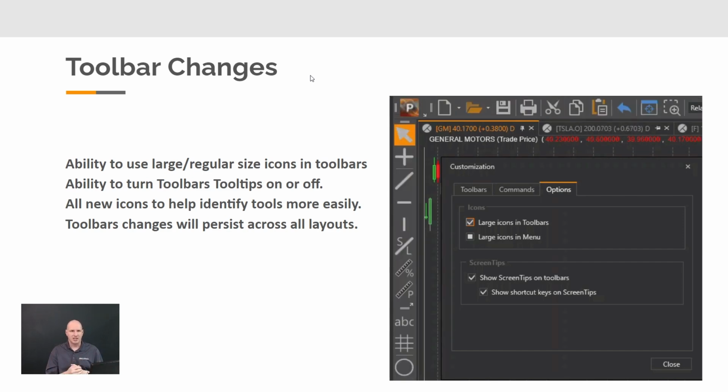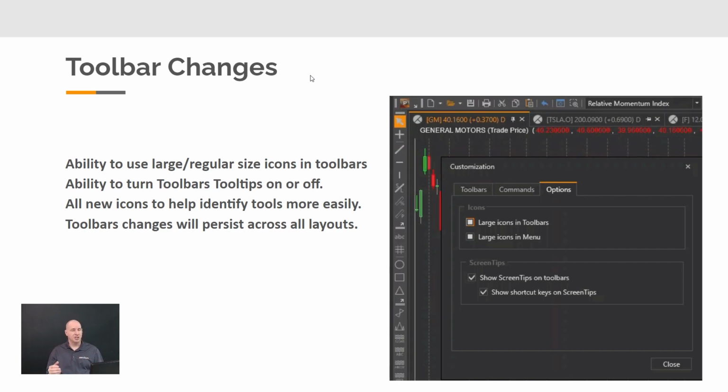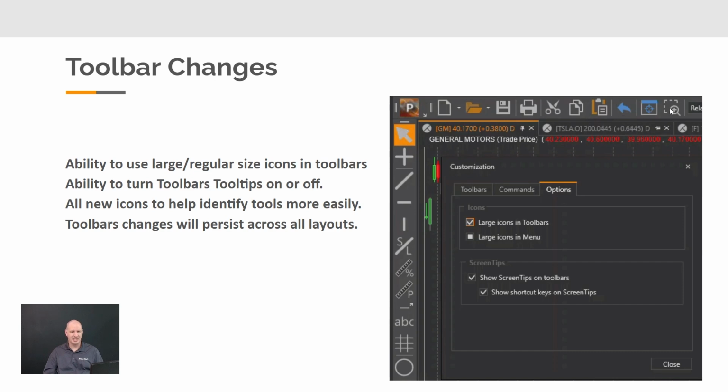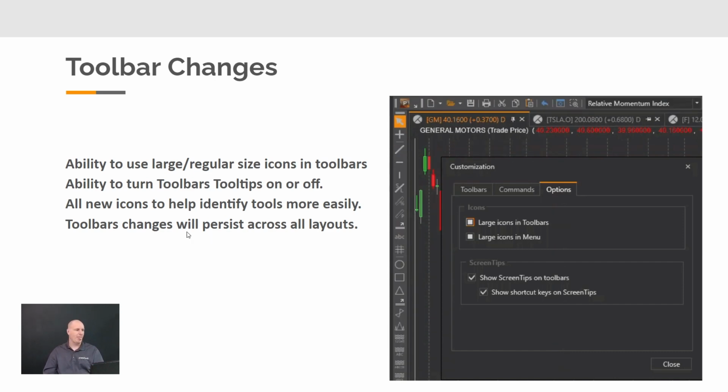That's one of the big things with the toolbar changes. You can turn all the toolbars on and off. There's all new icons across the toolbars to help you identify a little more easily what the indicators are, what the toolbar buttons are, what they do. And then anything that you do will bounce across all your layouts as well.